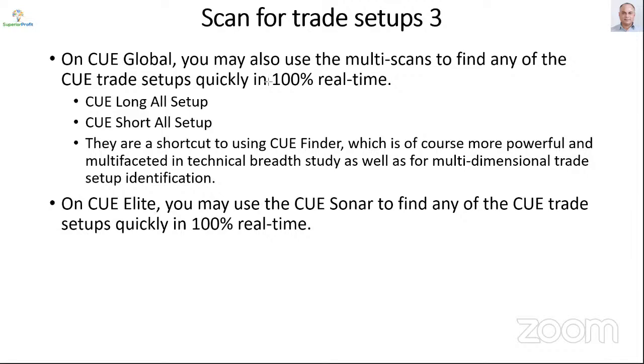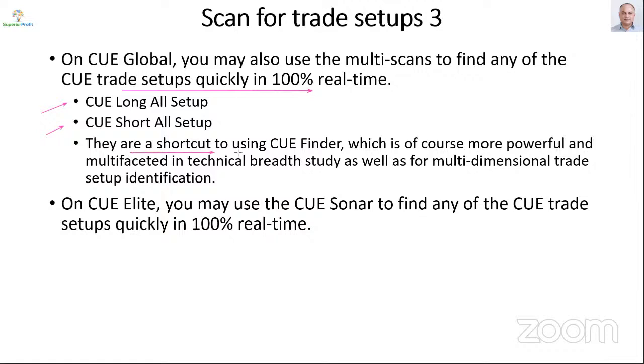On Q Global, you may use the multi-scans to find any of the Q trade setups quickly in 100% real time. For finding trade setups, you have the individual scans, and now you also have single scan Q long all setup and Q short all setup.